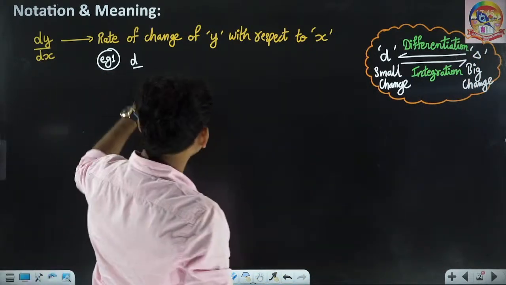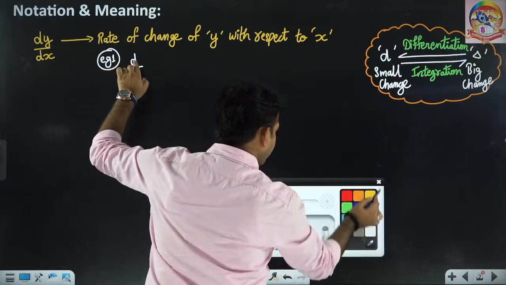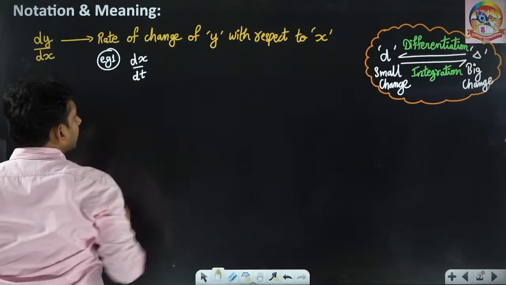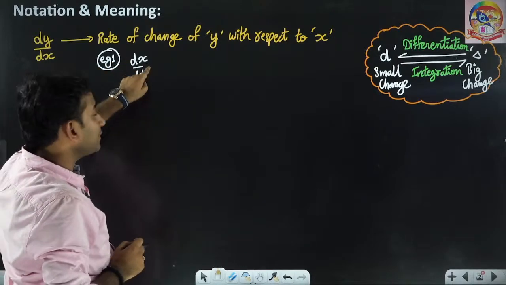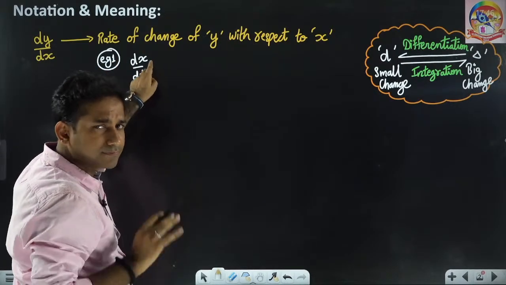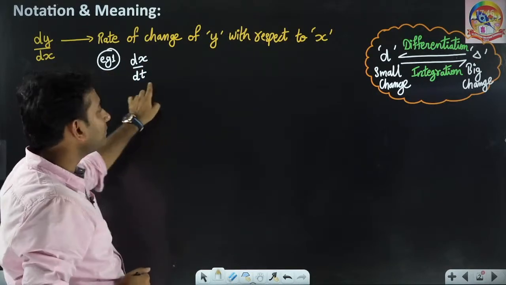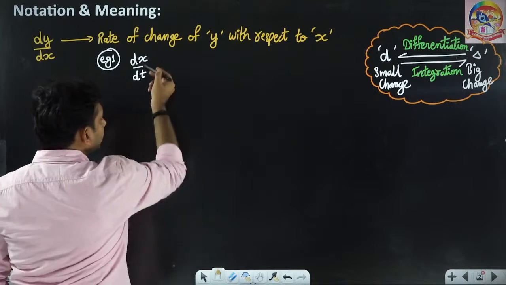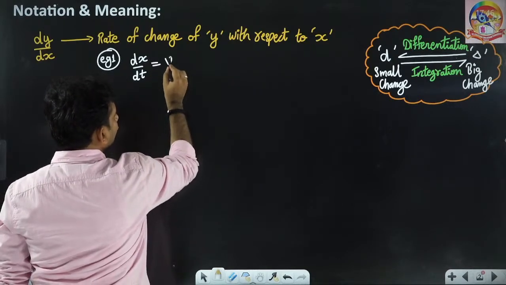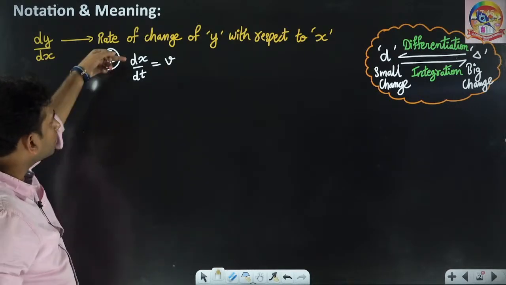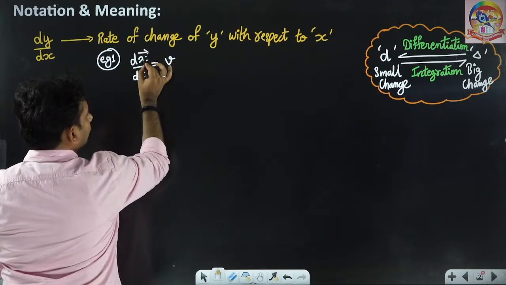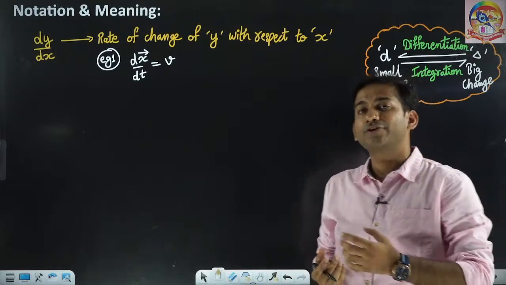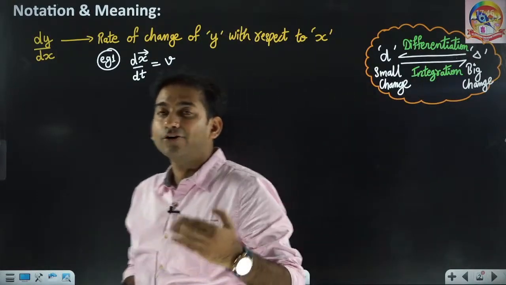Okay. So if I write example number 1, dx by dt, dx means small change in x, suppose position, dt means small change in time. So dx by dt is going to give you v. About vectors, you will be taking guidance from Abhishek sir, that will be on Friday.